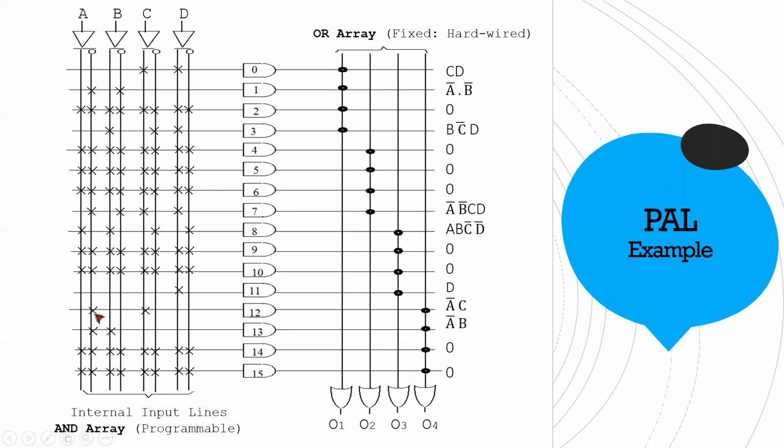A bar C is, first one will be A bar, last one will be C, A bar C. Next one, A bar B, A bar and B are connected. And the next two AND gates will be 0 because we do not have any term. So here they are connected. So A bar C plus A bar B plus 0 plus 0.